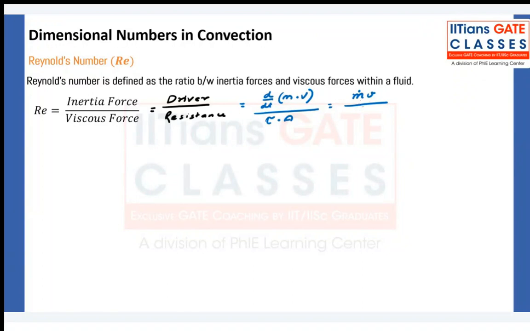So what is shear stress? Mu du by dy. Yes, mu du by dy, into area. Chalo. So this is mass flow rate, or let me convert this into density, area into velocity, and we have one more velocity, so it is square. This is mu du, where du is basically final velocity and initial velocity is 0, by y in the y direction.